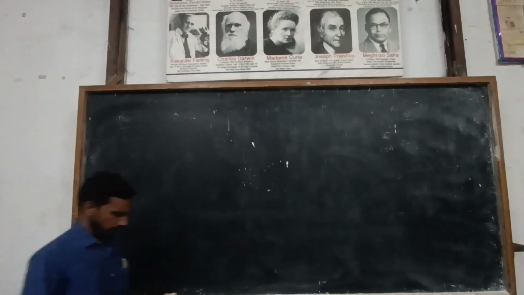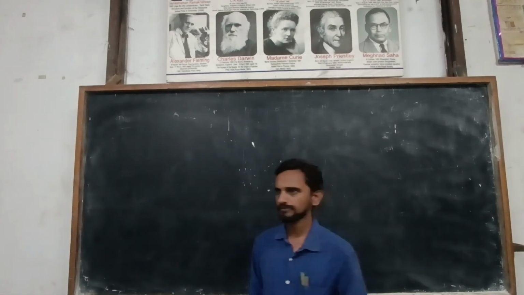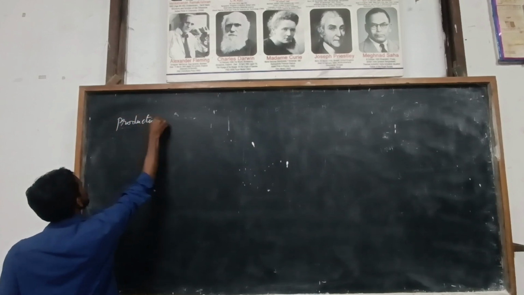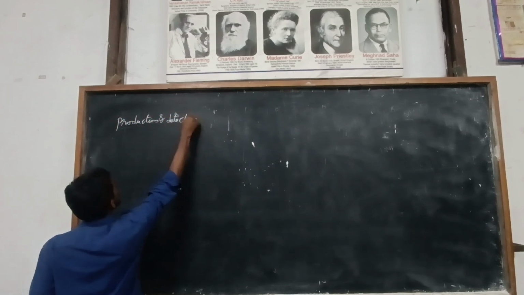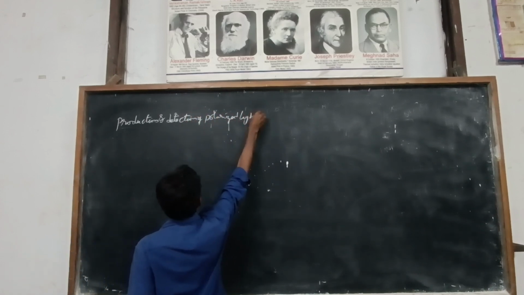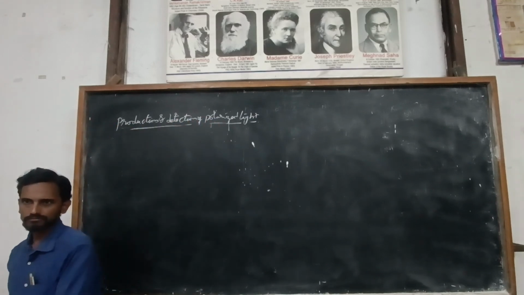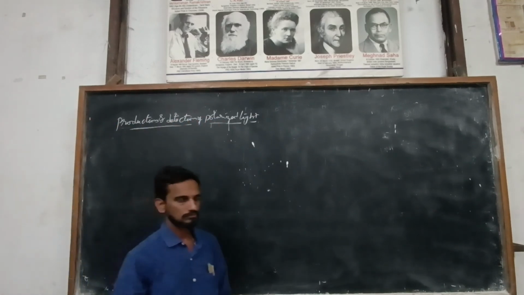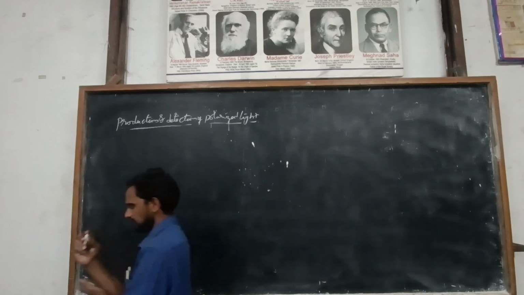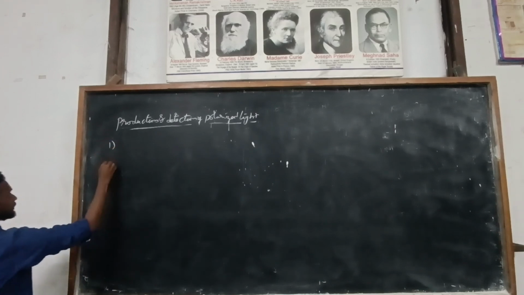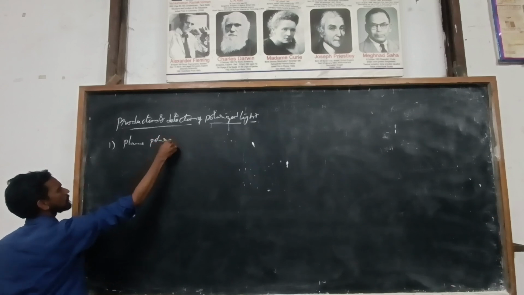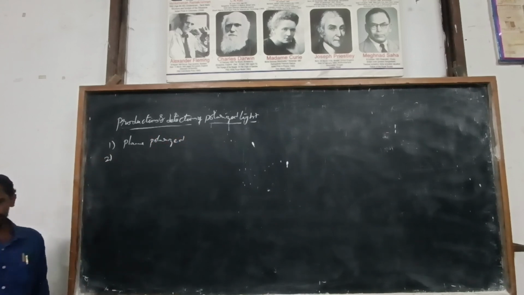Right. So next topic is production and detection of polarized light. There are basically three types of polarized light. One is plane polarized light. Second one is circularly polarized light.